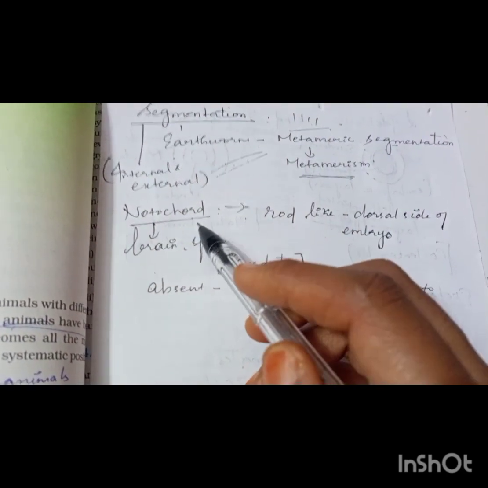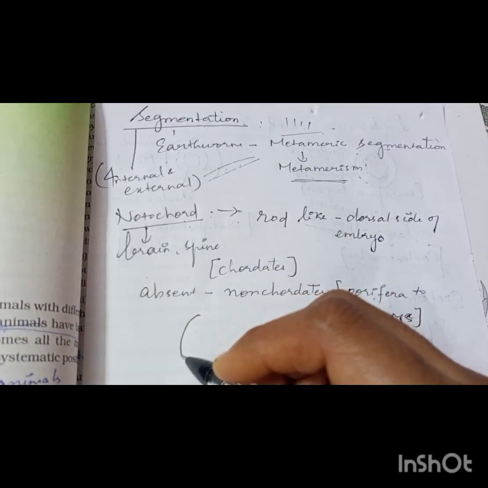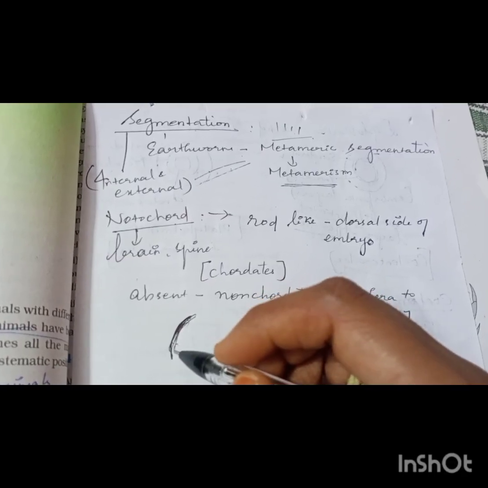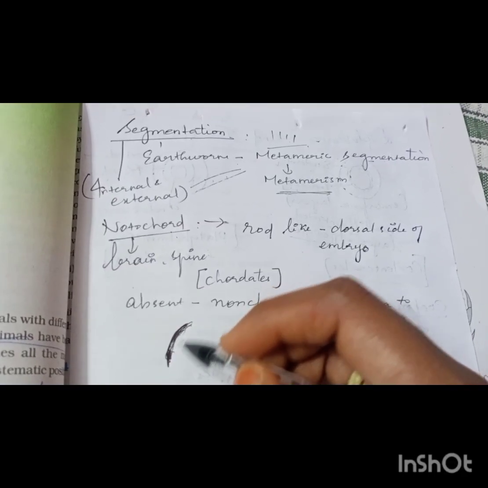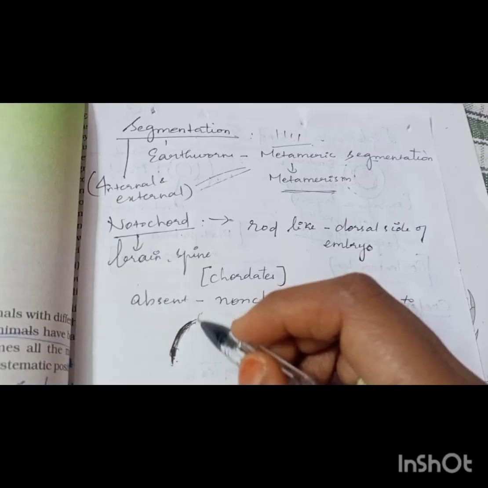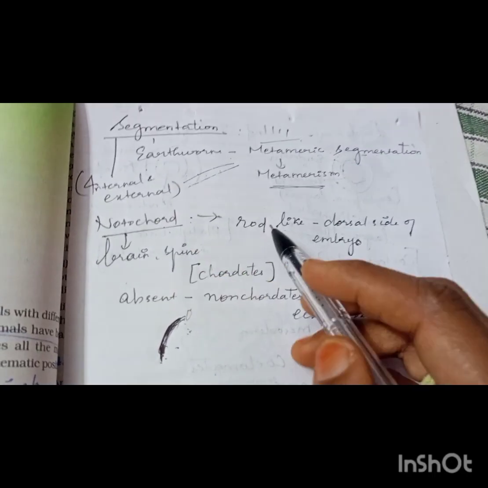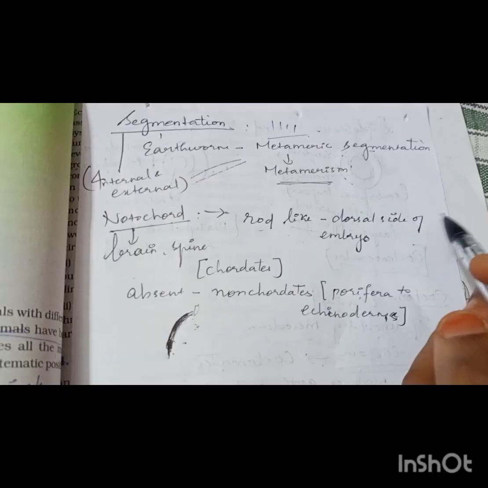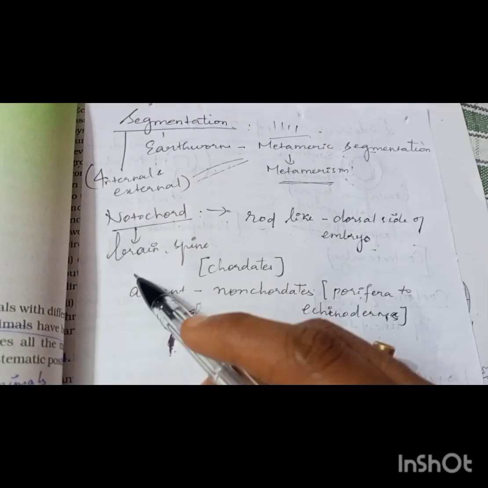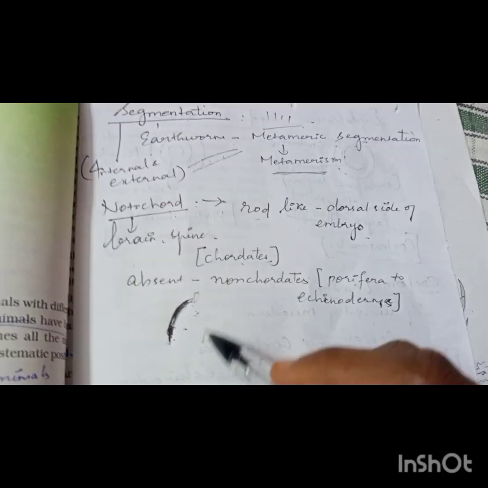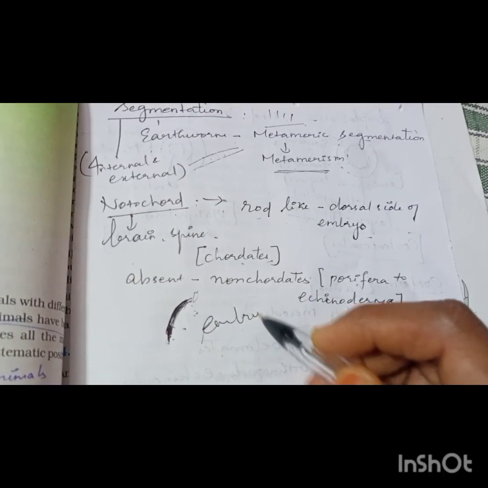And notochord. During embryonic development, there will be on the dorsal side of the embryo a prominent or stiff structure, which will later develop into the brain and the spine, and this is known as notochord. It is a rod-like structure found on the dorsal side of the embryo. Example, chordates, and it is present in the embryo.